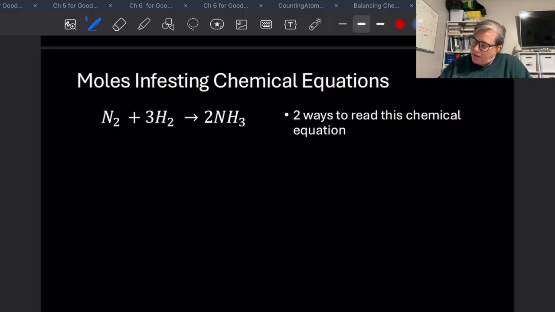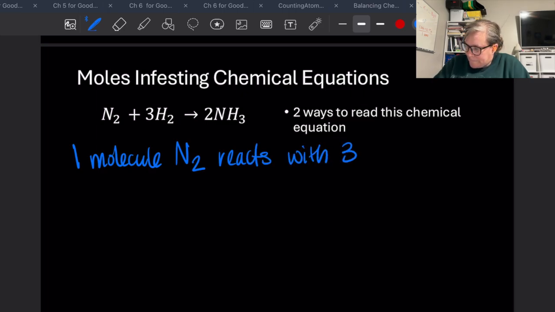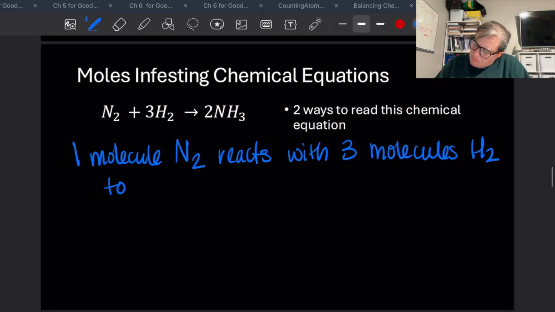One way we can read this, looking at the coefficients, the numbers in front, is to say that one molecule of N2, or nitrogen, reacts with three molecules of H2, or hydrogen, to yield, or produce, two molecules of NH3.